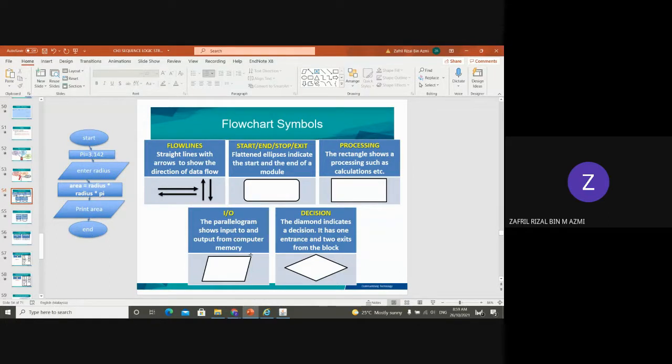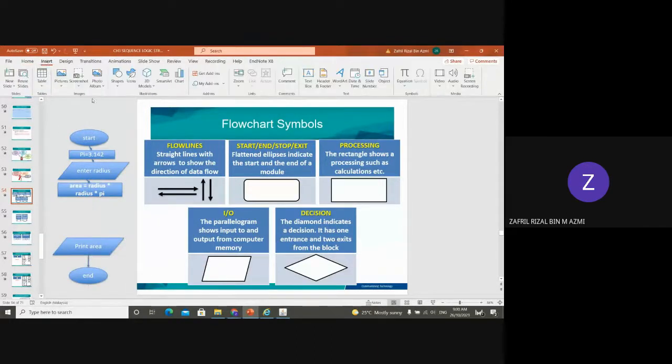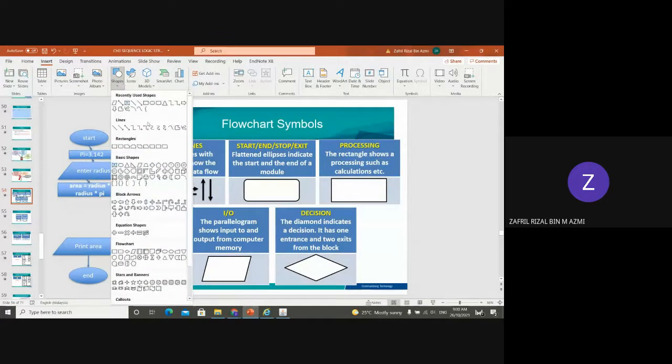So let's say we have an alternative way. Let's come to decision lah. Decision uses a diamond. This is where we are going to discuss further next week. But just to show you, if let's say there's a decision in your program, we use this diamond symbol.